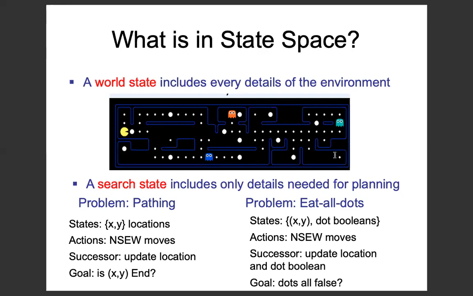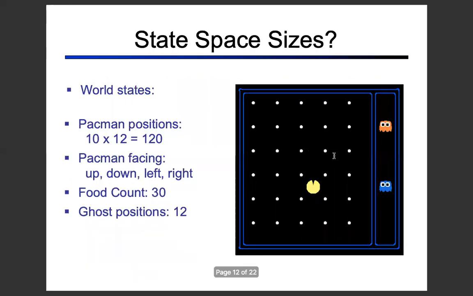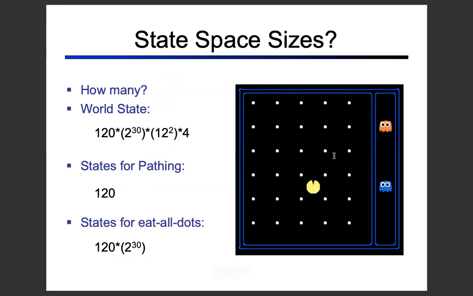So this will be your goal state, with dots all false. Now, the state space size depends on how many positions the Pac-Man is going to have, and how many positions and the count of dots the Pac-Man is going to eat. That's your space size as well. So you can calculate many space sizes accordingly.